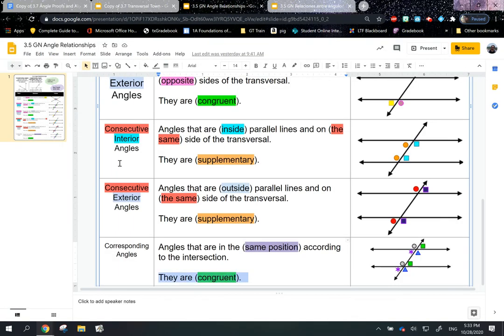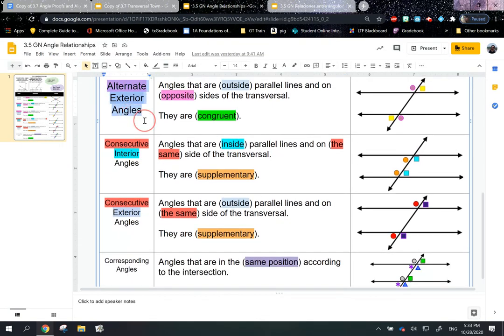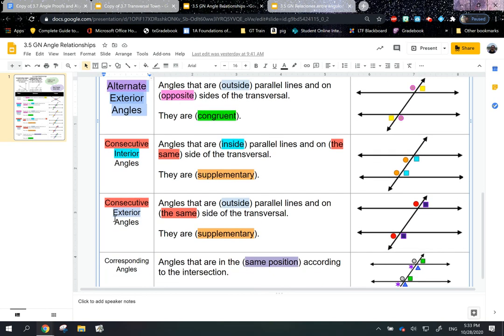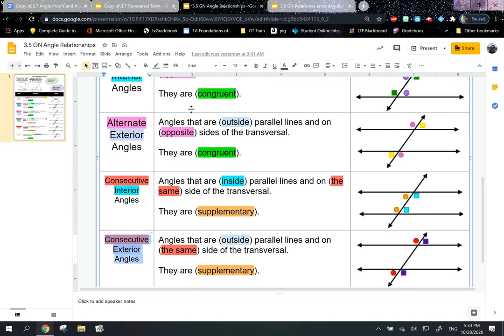If I look at my relationships, I have two options when it comes to exterior: alternate exterior or consecutive exterior. Let's look at the difference between them. Alternate exterior angles are outside, we know that, and on opposite sides of the transversal, while consecutive exterior are on the same side of the transversal.